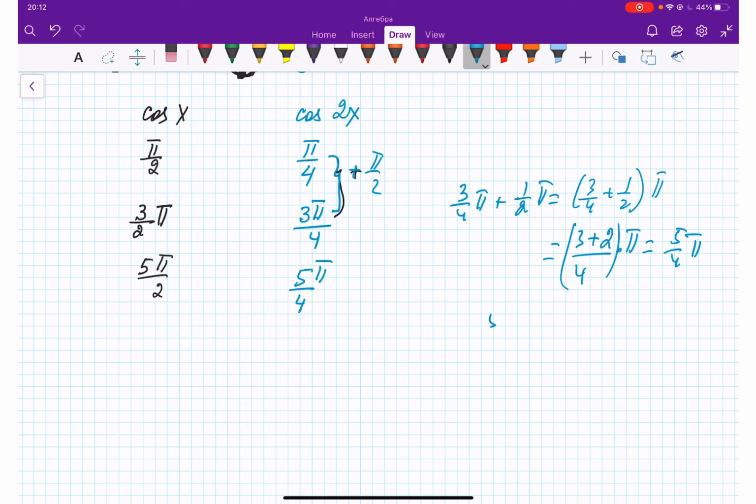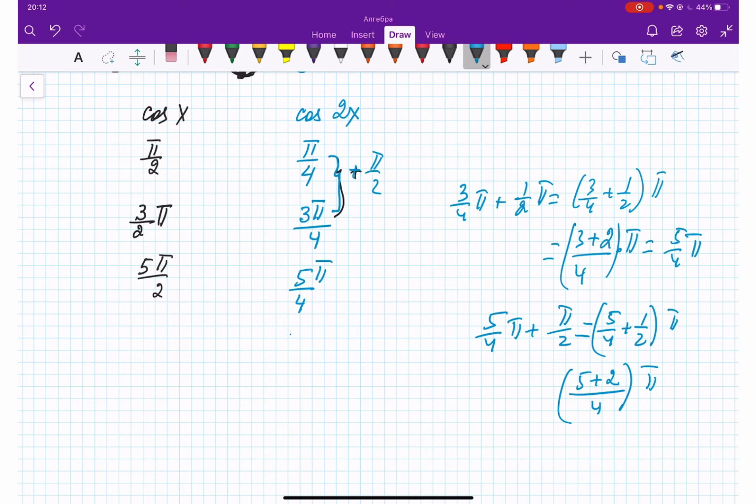So next 5 over 4 pi plus another half a pi. And we are going to get 5 over 4 plus 1/2, right, of pi. It's going to be 4, 5 plus 2. So it's going to be 7 over 4 pi.